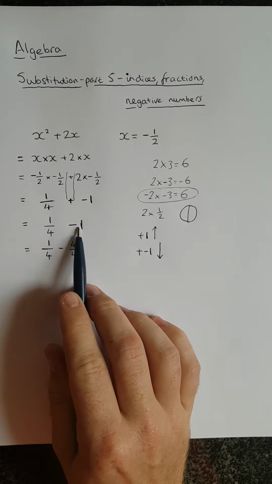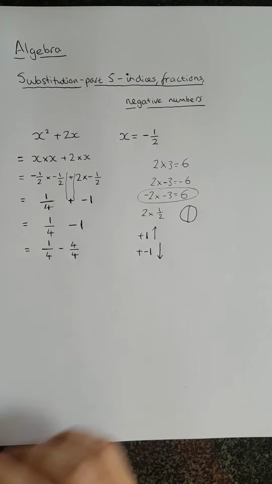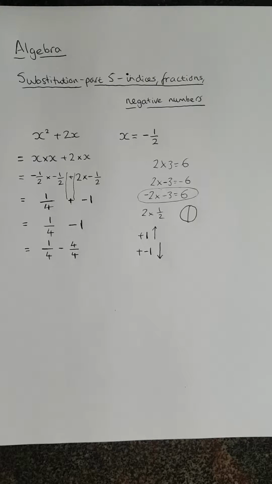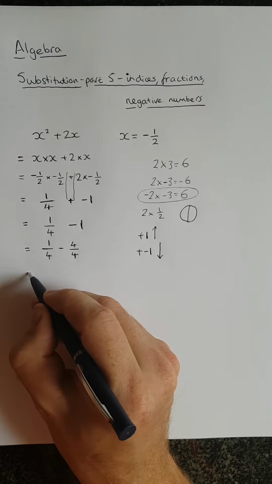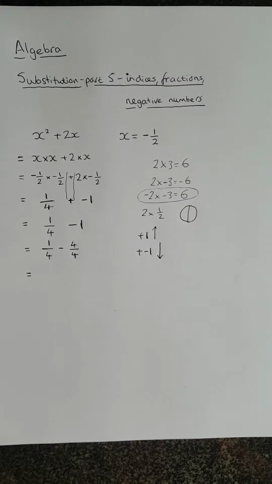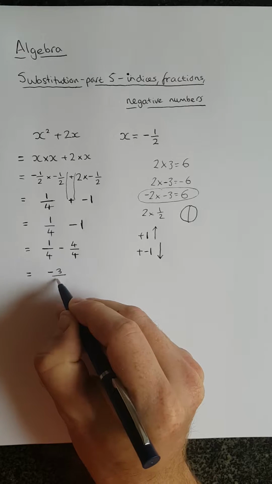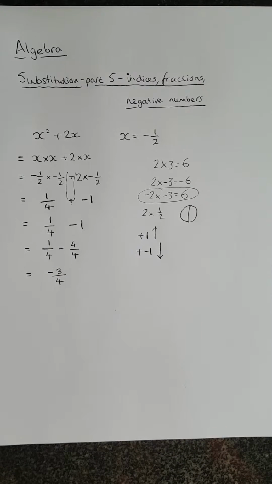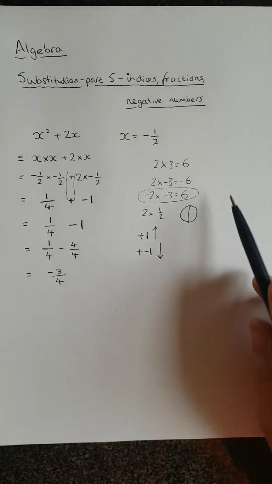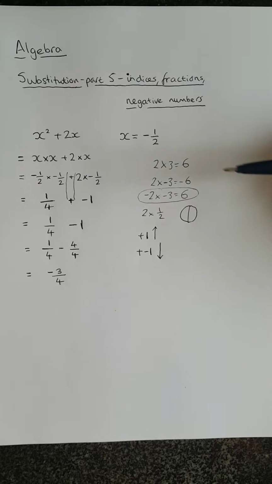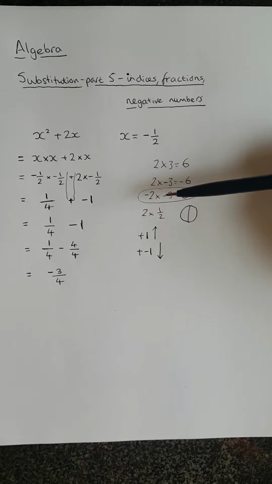So we can see this sum as 1 quarter take away 4 quarters. Well, what's 1 take away 4? Minus 3.